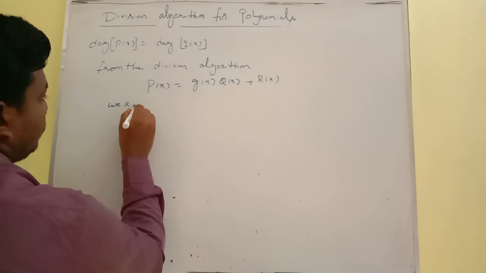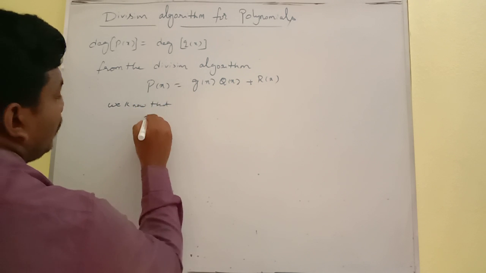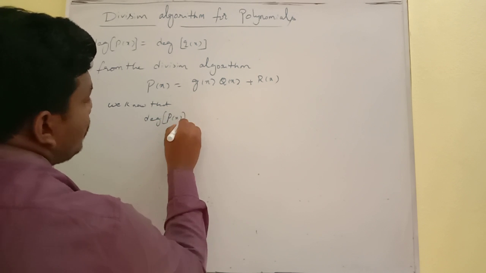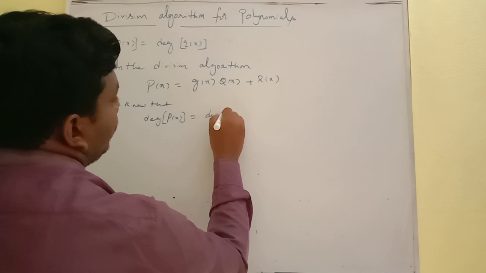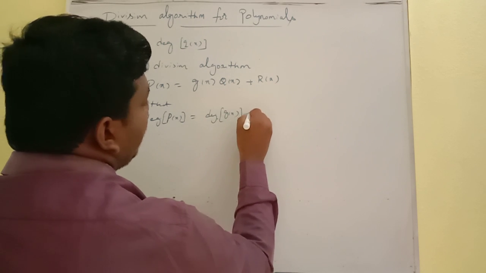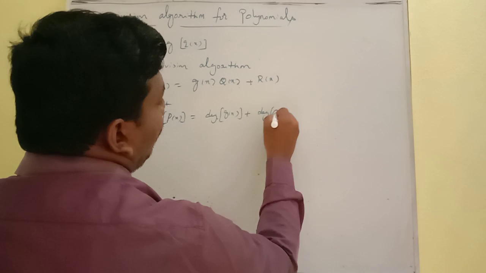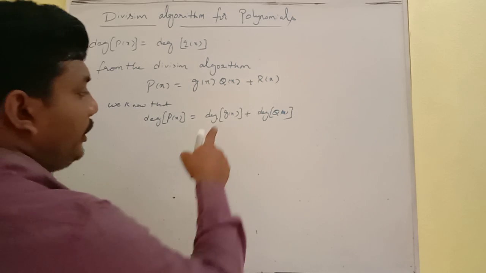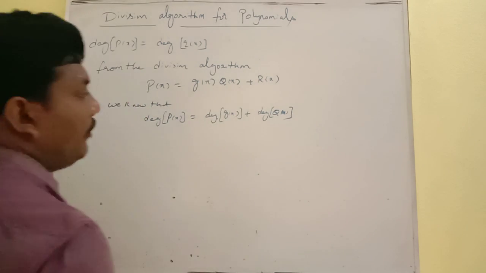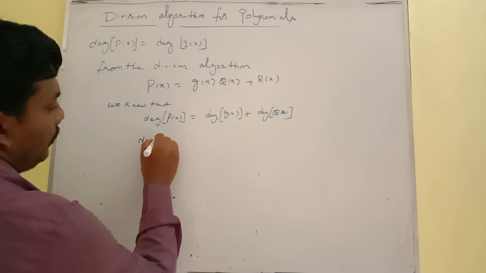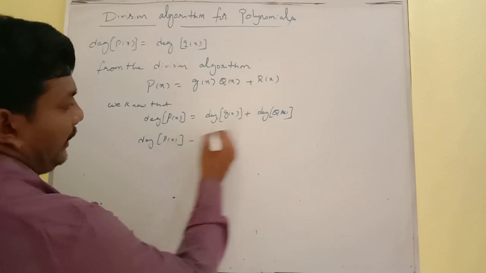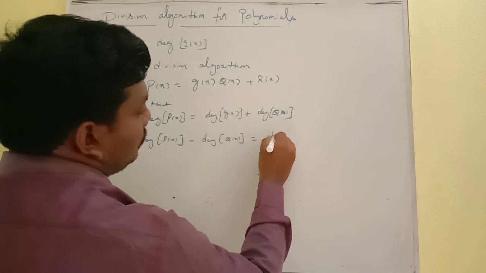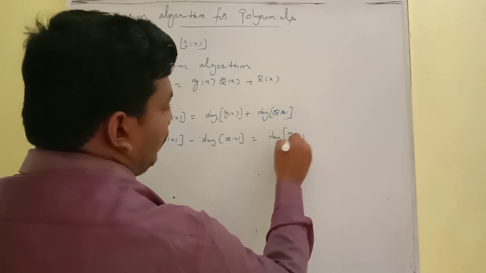So we know that degree of p of x is equal to degree of g of x plus degree of q of x. Now we need to find the degree of g of x. Degree of p of x minus degree of q of x is equal to degree of g of x.